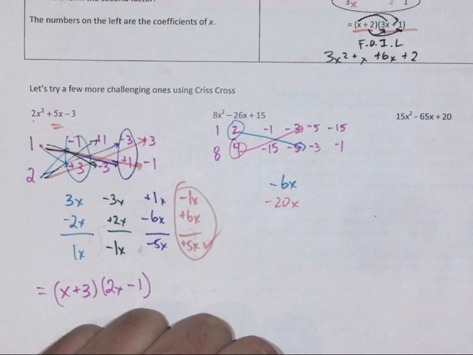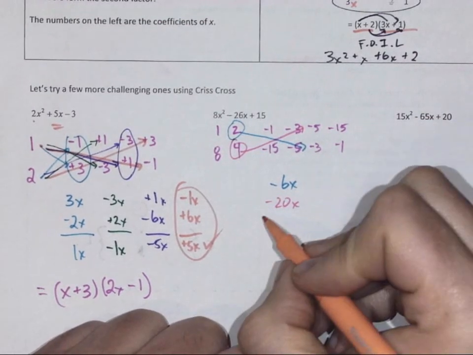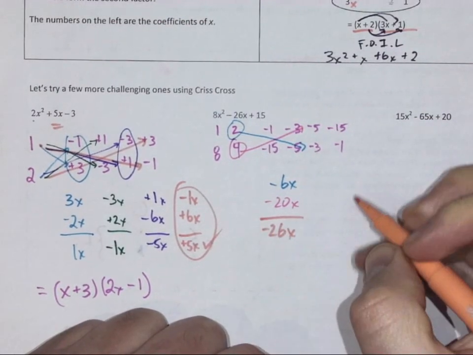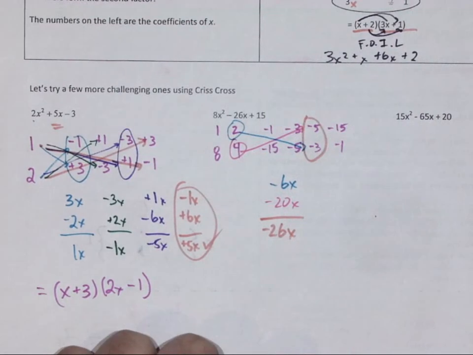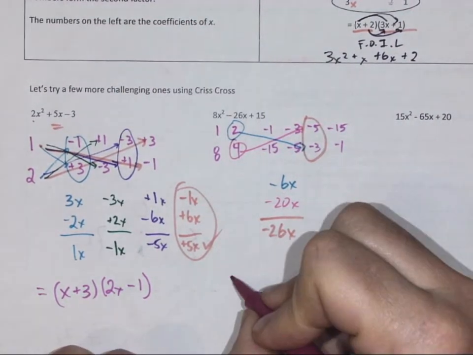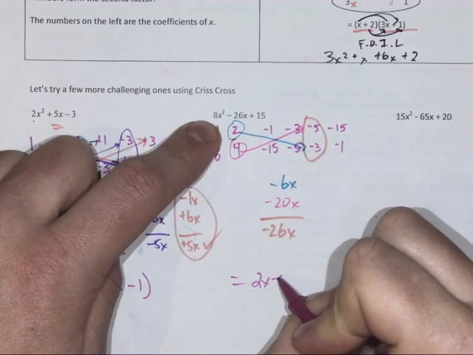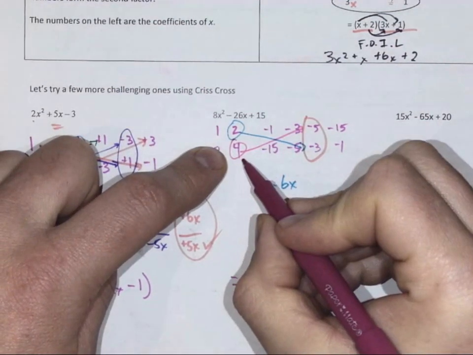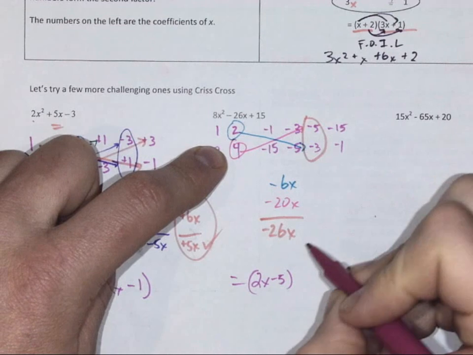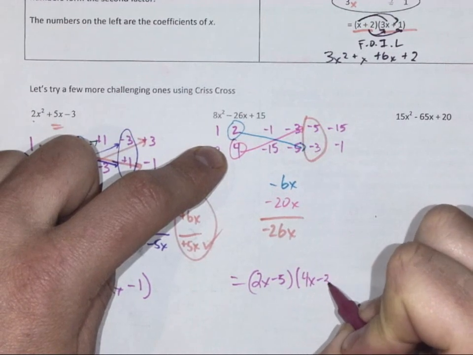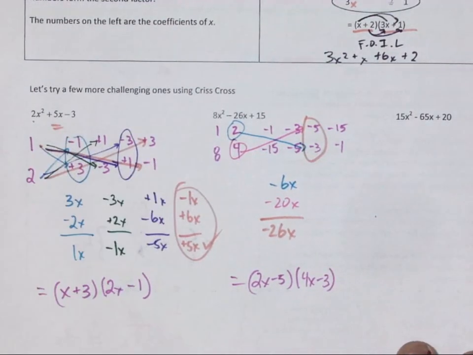When I add those together, that's -26. So that's the column I want. So again, my final answer, 2x times -5 in one bracket, 4x minus 3. Crisscross. If I can recognize the setup, I do it.